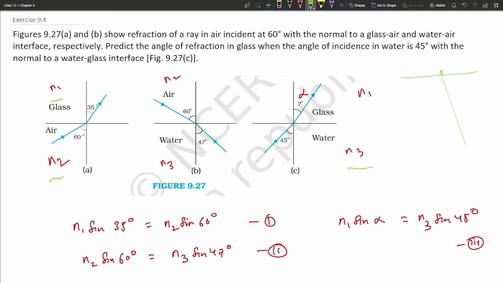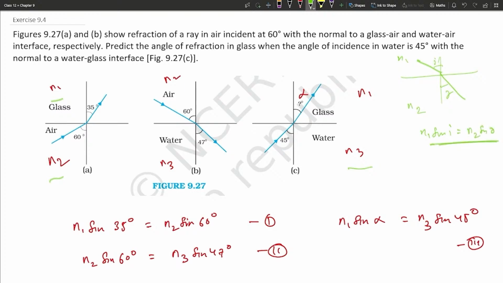It says that when a ray is moving from one media to another, let's say it is incident in the media of refractive index N1 and going into the media of refractive index N2, making an angle of I with the normal in the incident media, and an angle of R in the other. By Snell's law we know that N1 sine I would be equal to N2 sine R.